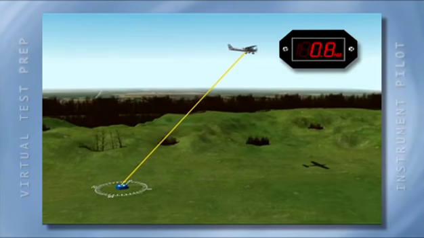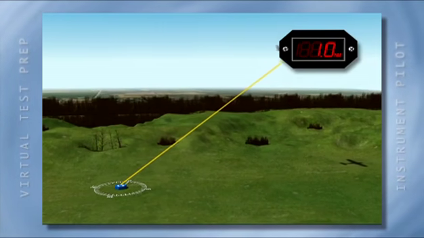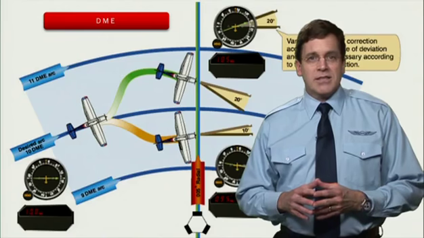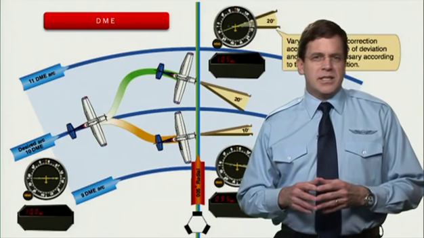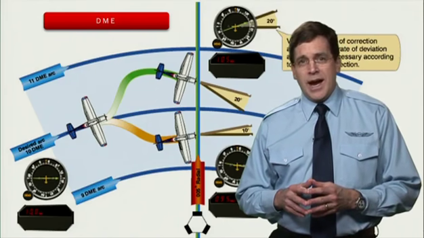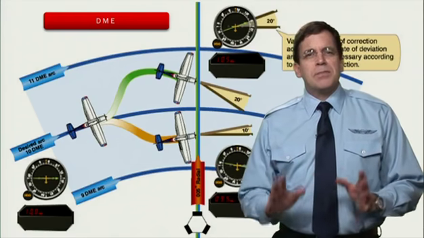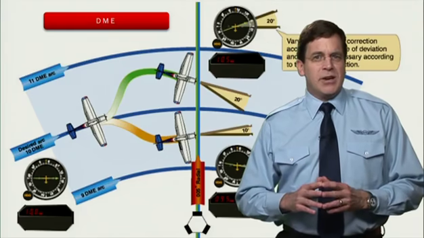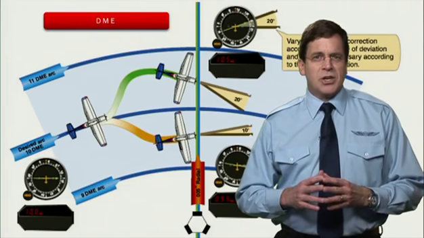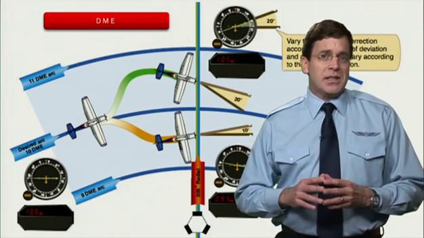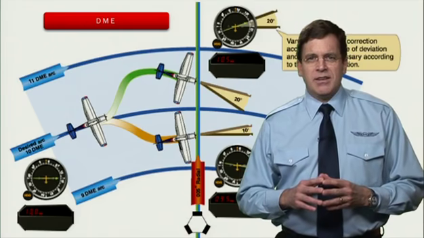There are many instrument approach procedures, or IAPs, that incorporate DME arcs. A DME arc is when the distance information is used to fly a track that's a constant distance from a station. The procedure and techniques given here for intercepting and maintaining such arcs are applicable to any facility that provides DME information.